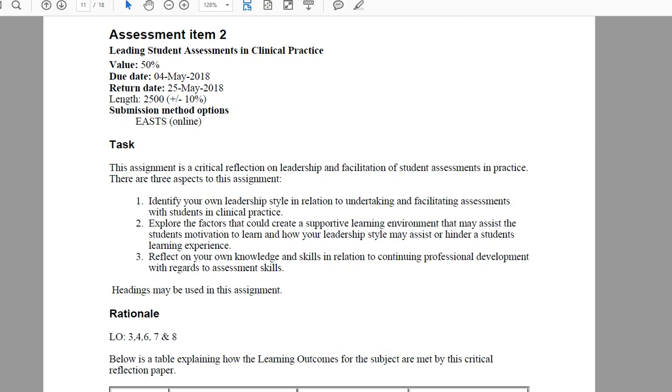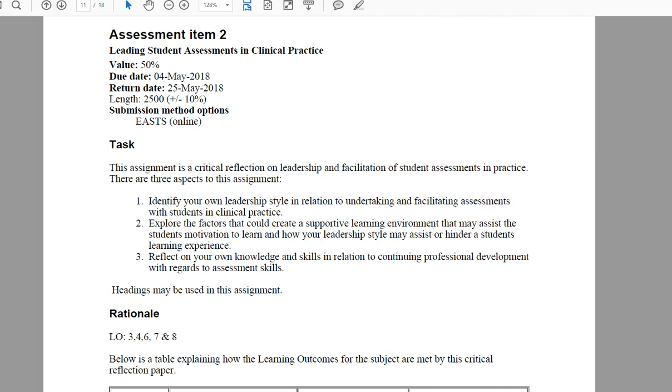Have a think about how your leadership style impacts upon student learning with you, but you don't see it, for example, with someone else, because this helps you in working out ways in which you can change to assist your student learning. And it's also good for personal development.